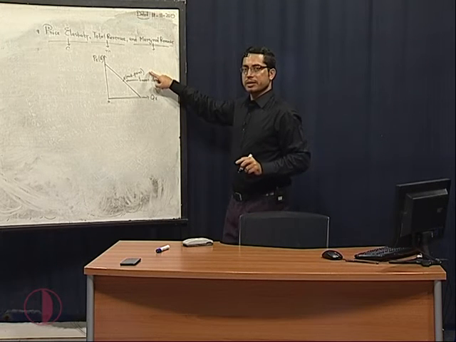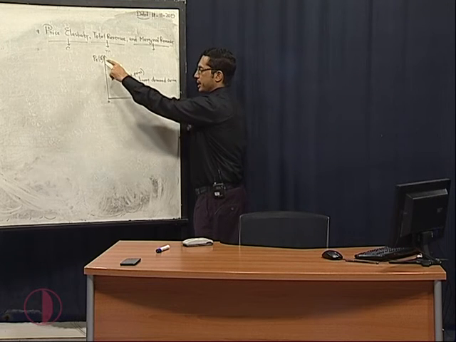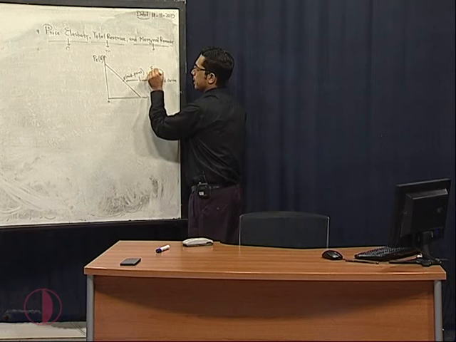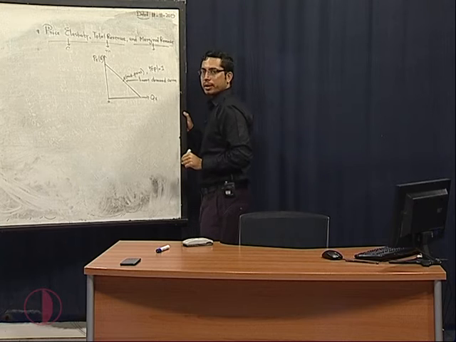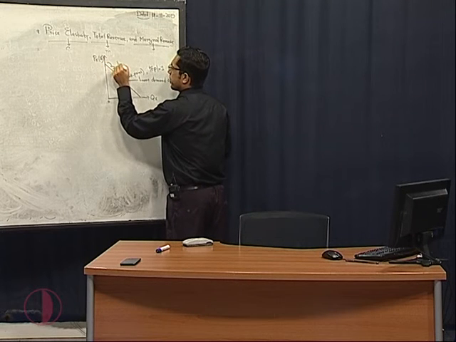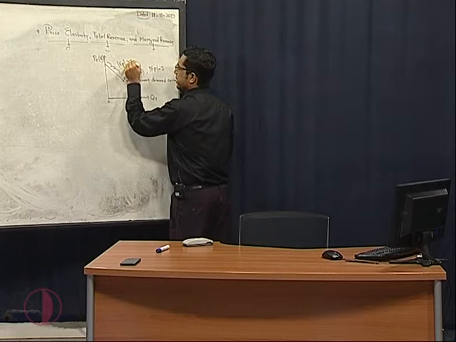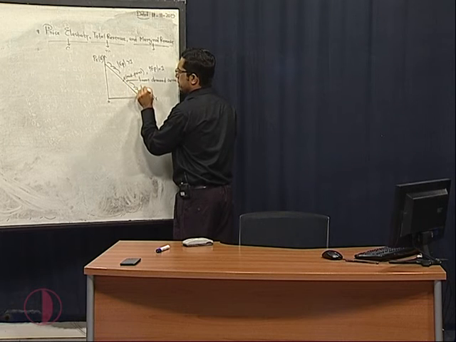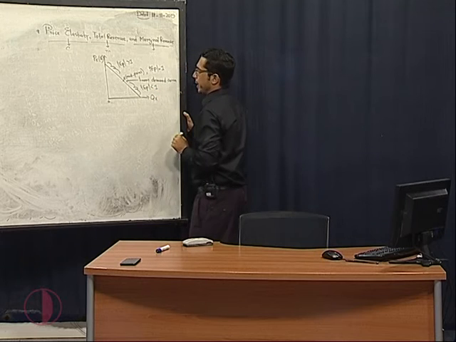In the last lecture, I discussed that at the midpoint on the linear demand curve, the absolute value of the price elasticity of demand is equal to 1. Above this value, the absolute value of the price elasticity of demand is greater than 1, and below this value, it is less than 1.